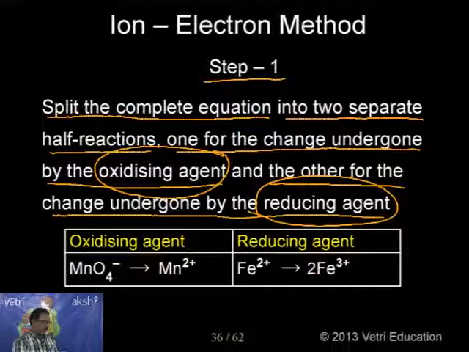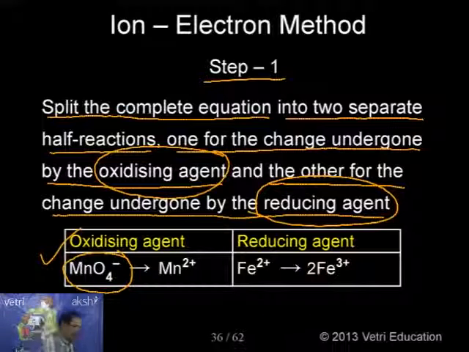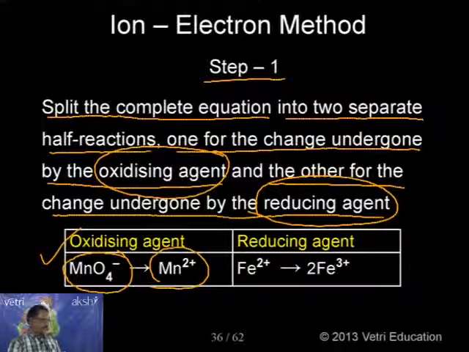In the ionic form, I have written here, for the oxidizing agent, if you compare the reactants and products involving manganese, then you can identify. So MnO4 minus, this is the reactant side, ionic form, undergoes a change to Mn2 plus. This is the change undergone by the oxidizing agent. I have just written here the ionic form. MnO4 minus is giving Mn2 plus.